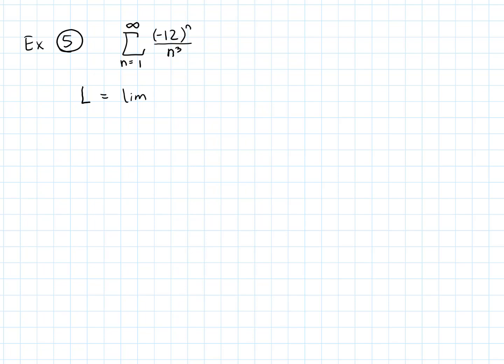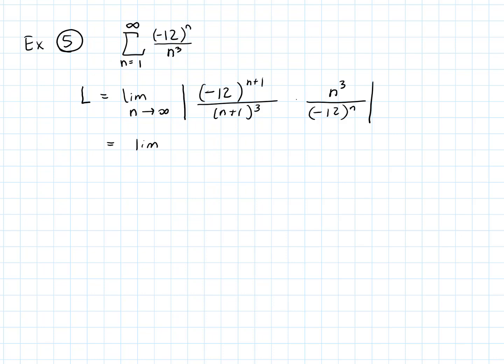The limit as n goes to infinity of negative 12 to the n plus 1 over n plus 1 cubed, times n cubed over negative 12 to the n. Anytime we've got these exponentials, we get nice canceling, so we get negative 12 to the first power over 1.